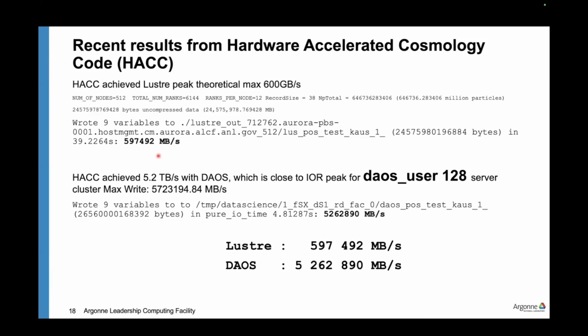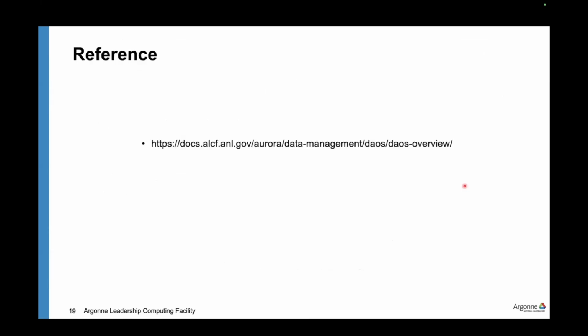The only change is that instead of writing all the data to a Lustre space, we just changed it to the pool name, container name, DAOS space. And we got around 5.2 terabytes per second. And this is just with 10% of the DAOS nodes, 128 out of 1024 DAOS nodes, with a POSIX container. So this is one of the results.